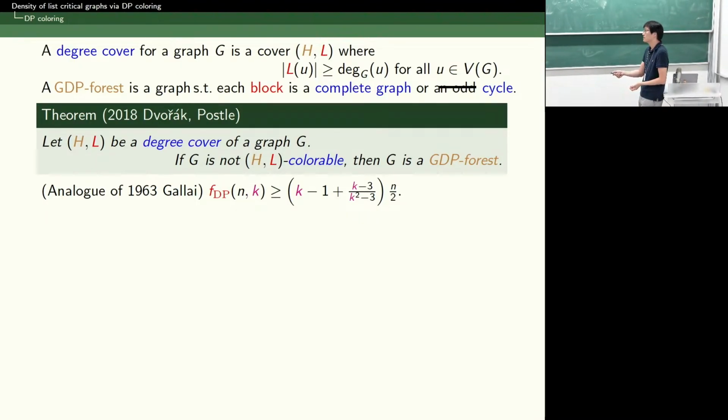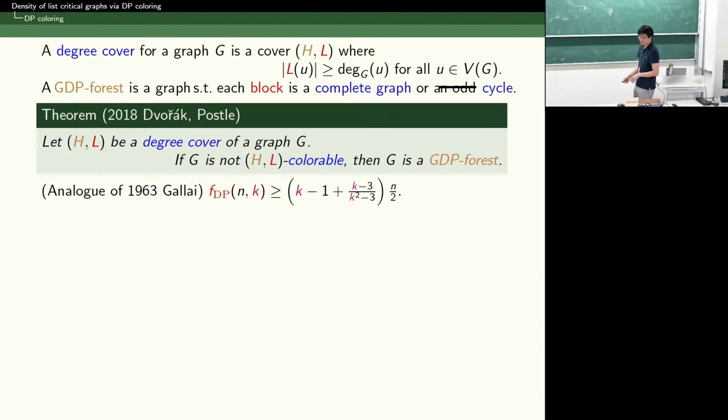And then in the seminal paper by Dvořák and Postle, they proved, well, they didn't state it explicitly, but if you read their proof, what they actually proved is if you give me some degree cover, where you guarantee the number of colors is at least the degree, no matter how the matching looks, if the graph is not colorable, then it will look like this GDP forest. And the neat thing about this is odd cycles and even cycles have the same density, right? They're all 2-regular. So even though the definition of this bad situation, right?